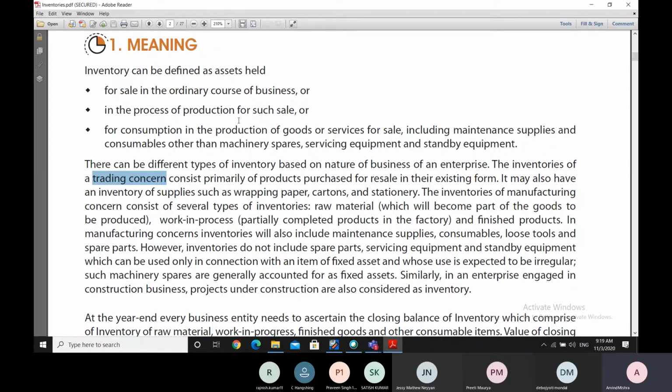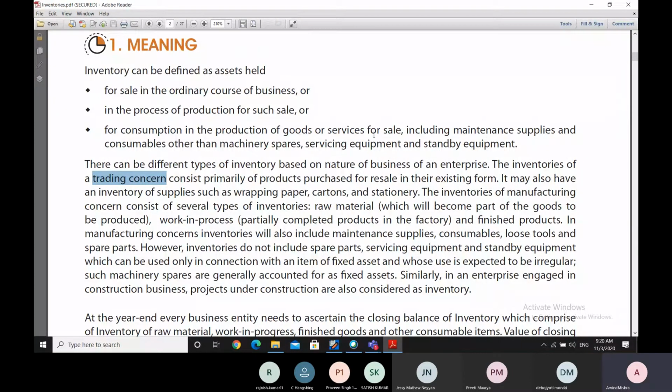So certain assets which are consumed in the production of goods or services for sale, they are also inventory. They are held for consumption. Then those assets are held in the process of production for sale. They are those items which are inventory, and the items which are actually held for sale.